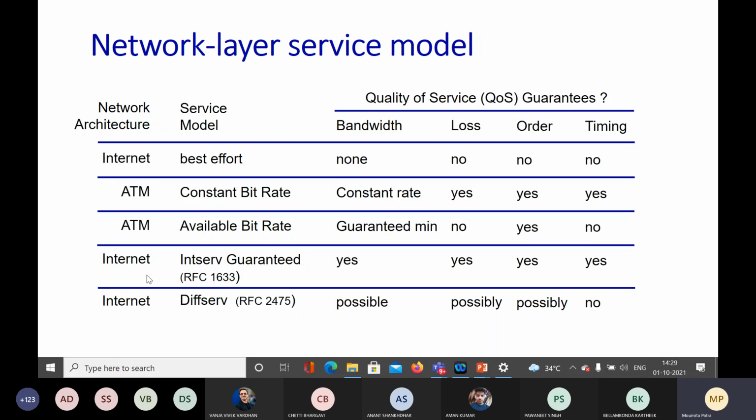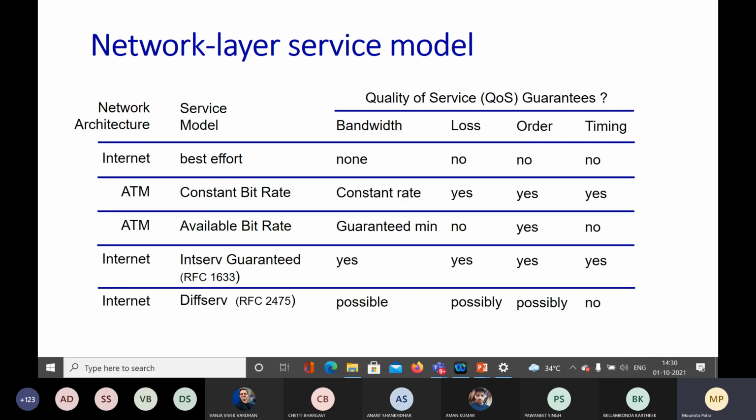Now, for the internet, there are two different service models again, that is IntServ, guaranteed, and DiffServ. These are different types of service models which depend upon the bandwidth demand from the user side. DiffServ takes care of how different applications ask for different bandwidth guarantees, whereas IntServ does not guarantee any such thing.